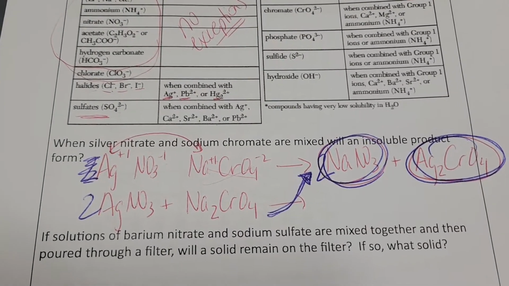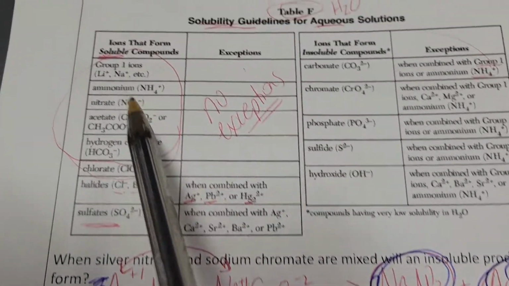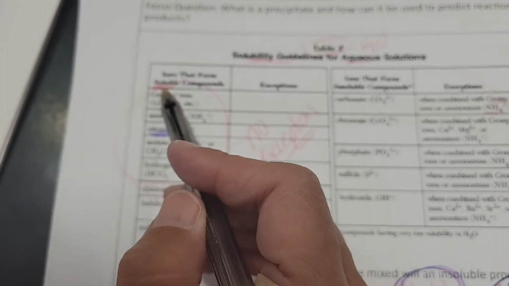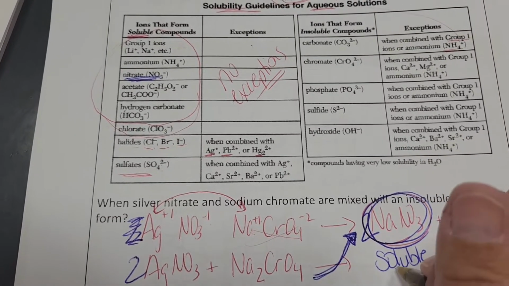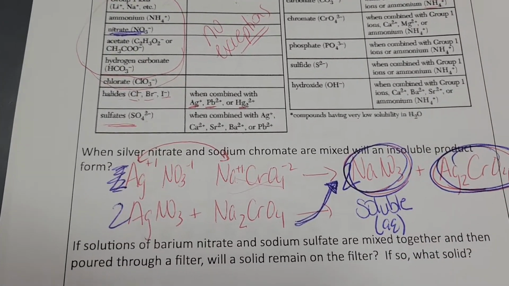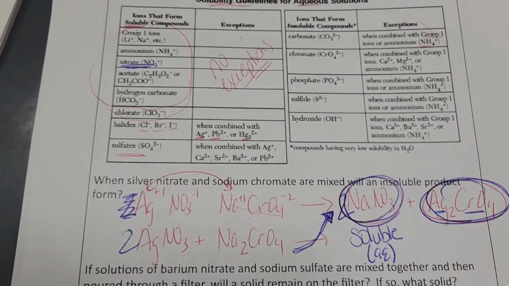So we want to see whether or not they are soluble or insoluble. For sodium nitrate, if I come up here, I see that all nitrates are soluble. So this is going to be soluble. If I had to write its state, it'd be aqueous, dissolved in water. Then silver chromate.